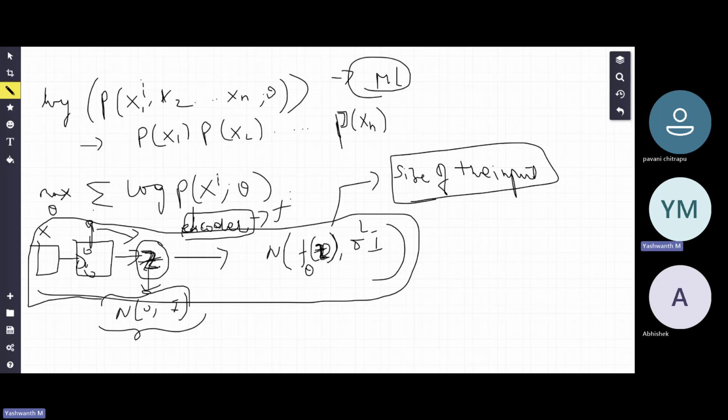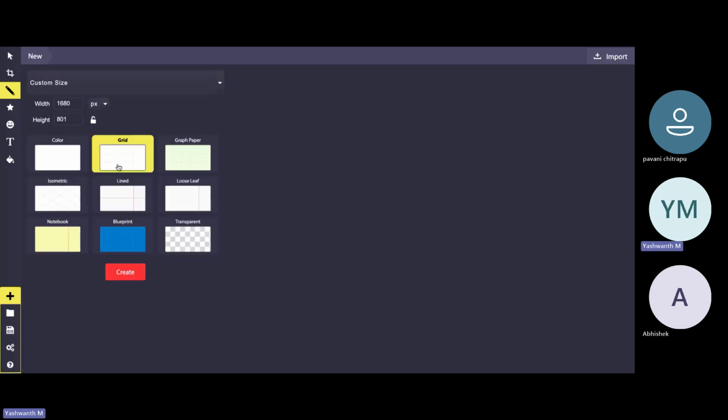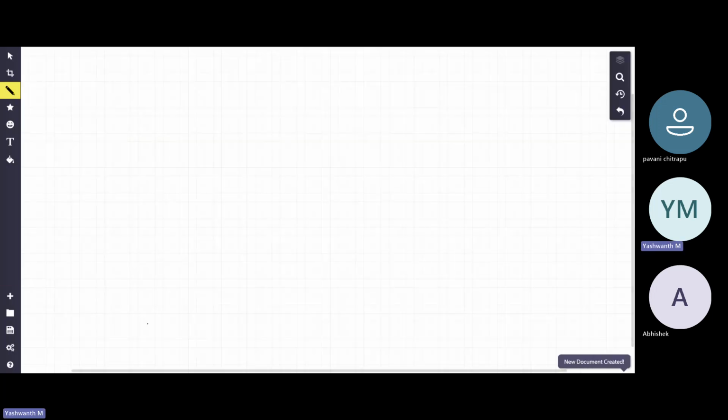Okay, so I'll similarly give the high-level overview of GANs. Maybe if time permits, we can come back and do the derivation for VAEs in the end. Okay, so let me give a quick overview of GANs.